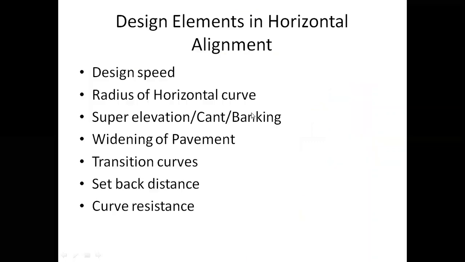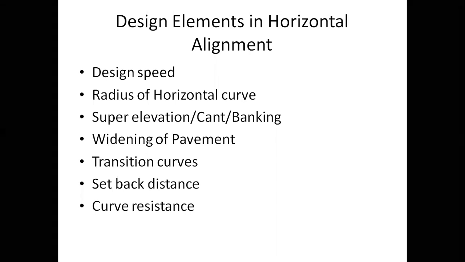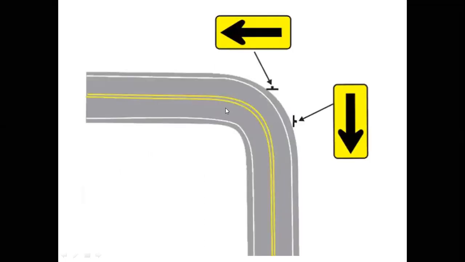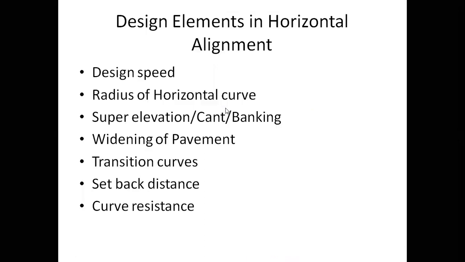Next we are going to see the design elements of the horizontal alignment, very important. You have different design elements when you are going to design the horizontal curves. You are expected to design the following elements: one is the speed, then the radius. You should know what the radius of this horizontal curve should be, right?